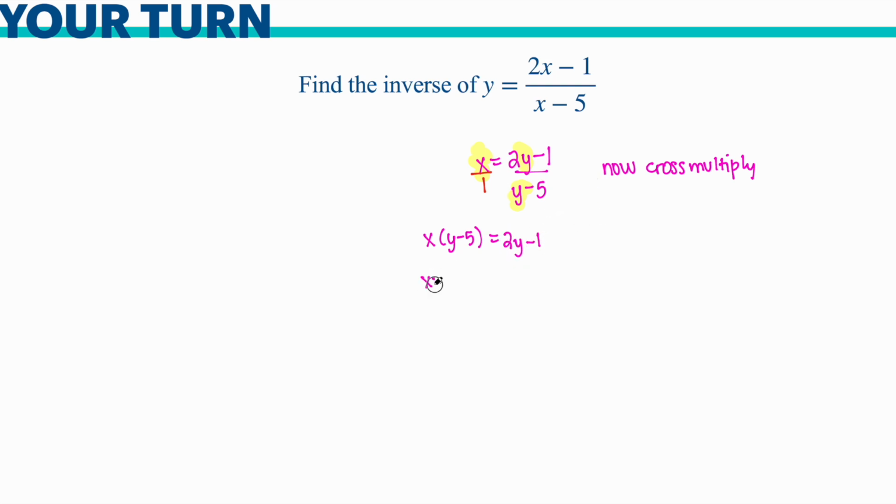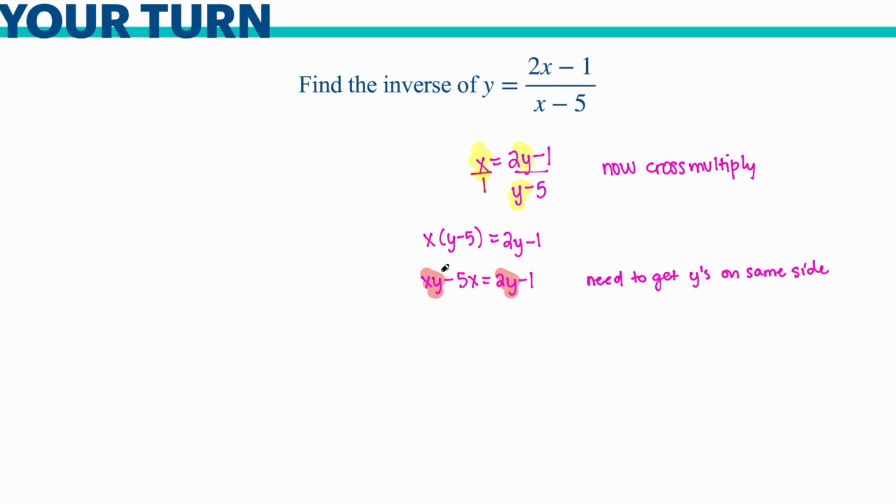Now you need to distribute. And now from here, you need to get the y's on the same side. So what I need to do is get this y and this y on the same side.